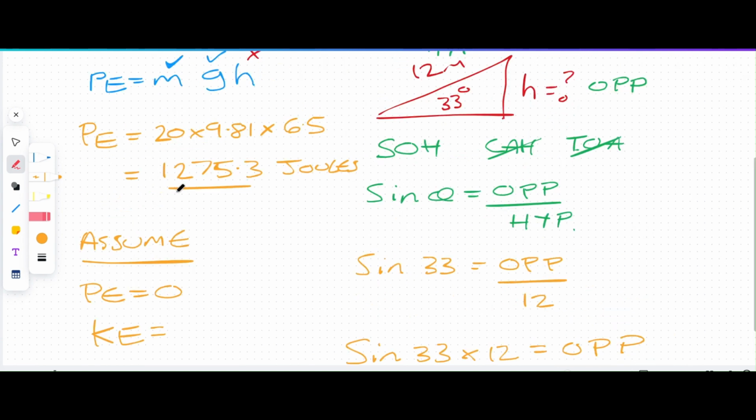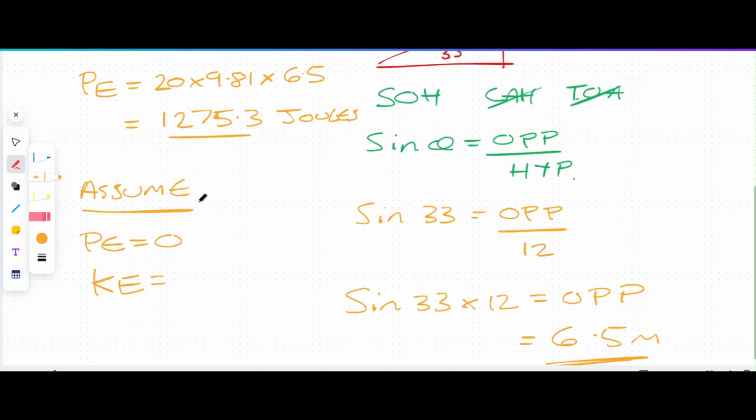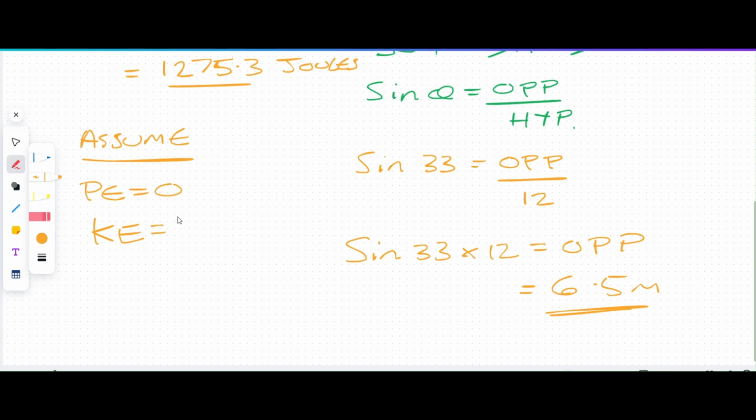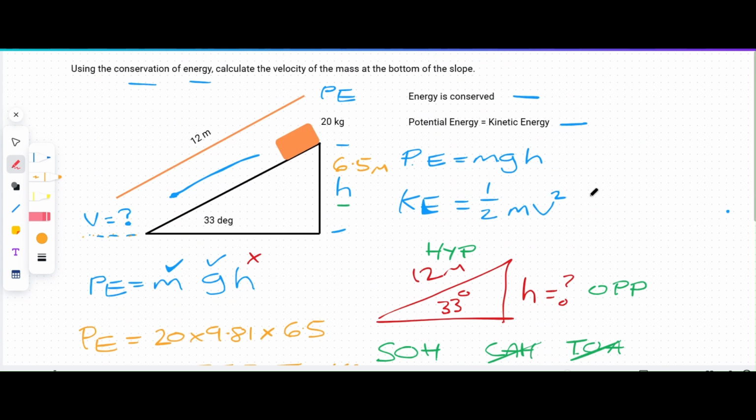So all of the energy now, the 1275.3, is now kinetic. That's what I'm saying. That's my problem, and I can say what I want. Okay. So it's converted from potential to kinetic. So at the bottom of the slope, as it comes off, all of that energy is now kinetic, which is handy to know, because now we can use this formula here, because there's V there, look, and we've got to find V.